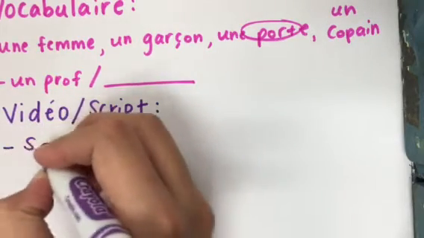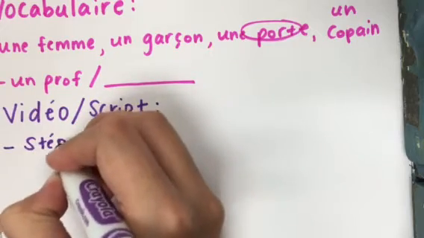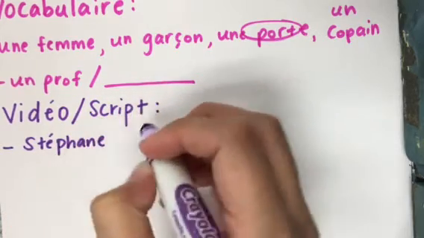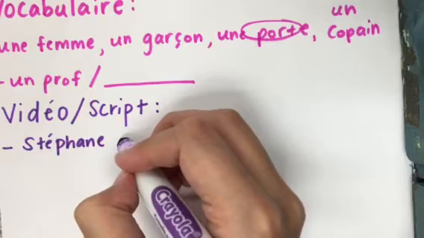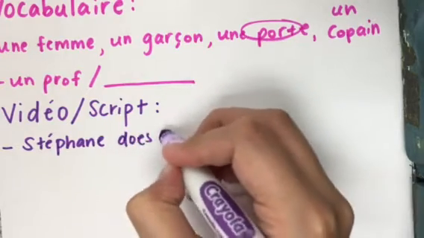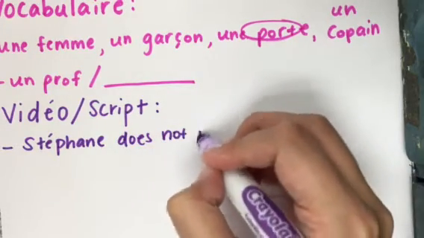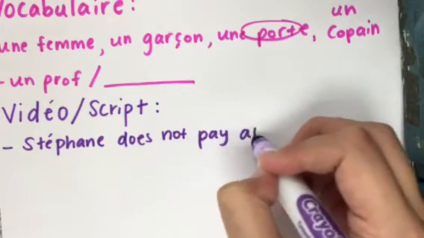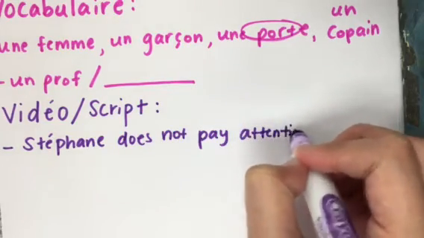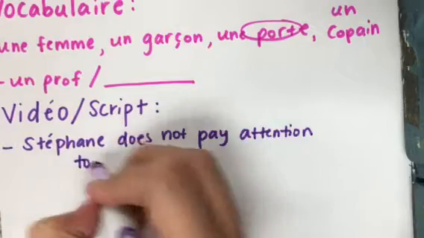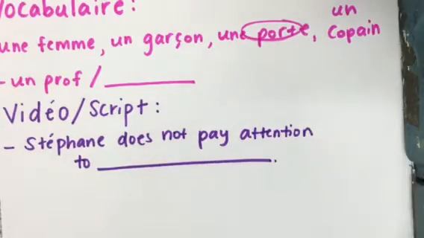And there are a few things that are listed. But it is Stéphane does not pay attention to something. All right, if you know all of those, one of those is going to be the answer on the test.